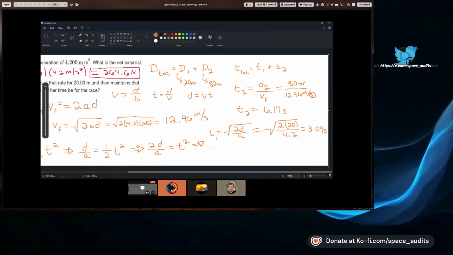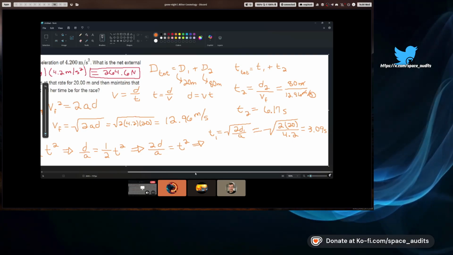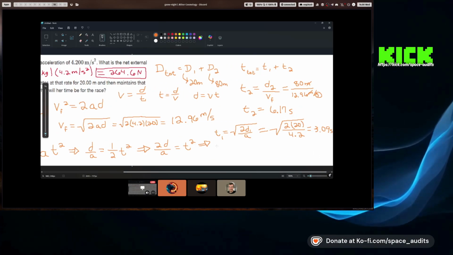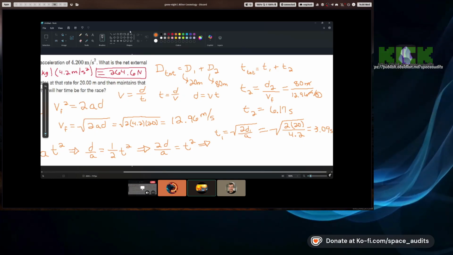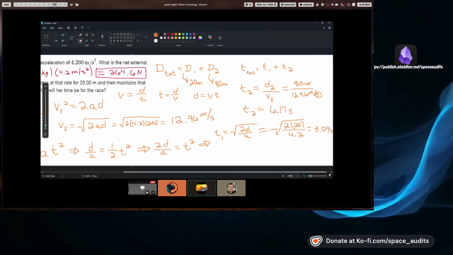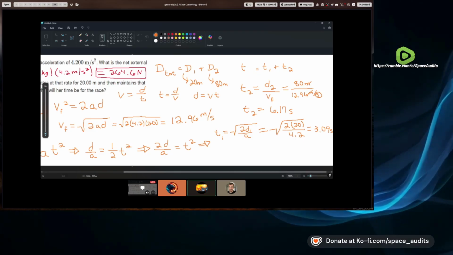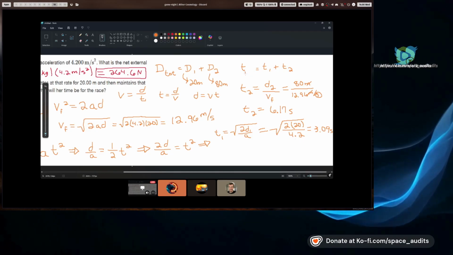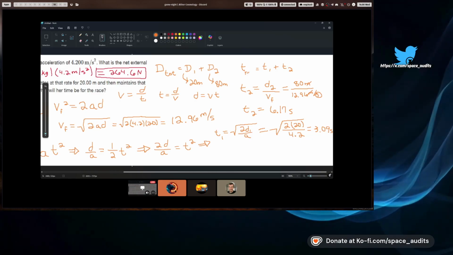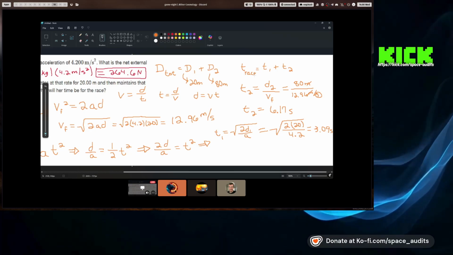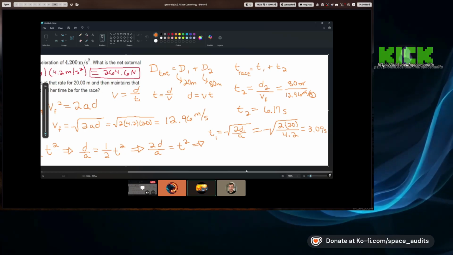So finally, her time for the race, I'll call it race up here instead of total. Her time for the race equals T1 plus T2.